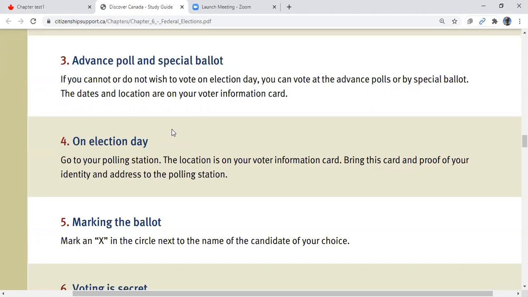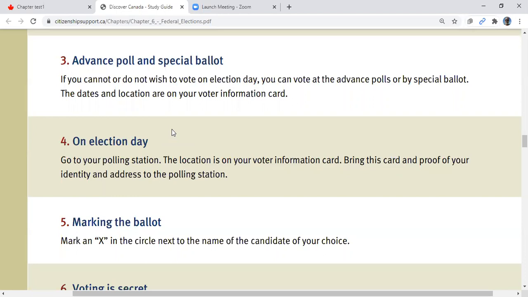Like ID. Yeah, what type of ID could you use? Citizenship card, or maybe a driver's license. Yeah, something like that. That's right. So you need to bring something to prove your ID, and you bring your information card and your ID to the polling station. And do you remember what the polling station is?